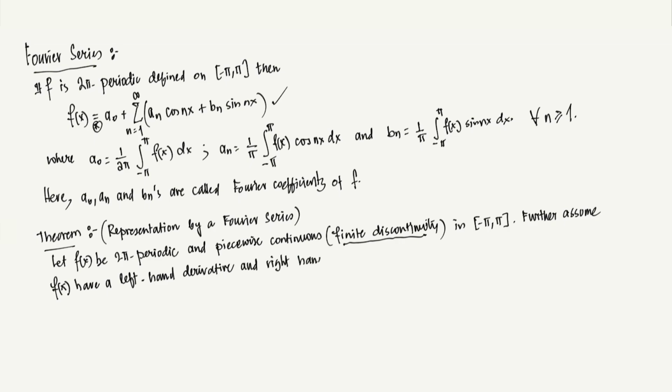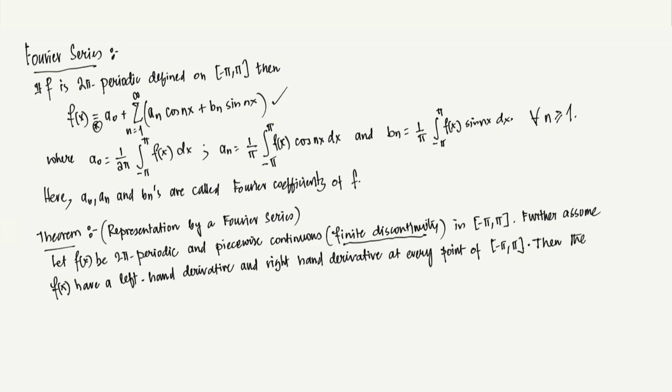So basically both the left hand and right hand derivative exist at every point of the interval minus pi to pi. Clear? So essentially what we are saying is you have a piecewise continuous function which is 2 pi periodic, and the left hand and right hand derivatives have to exist at every point. Yes, that is true.